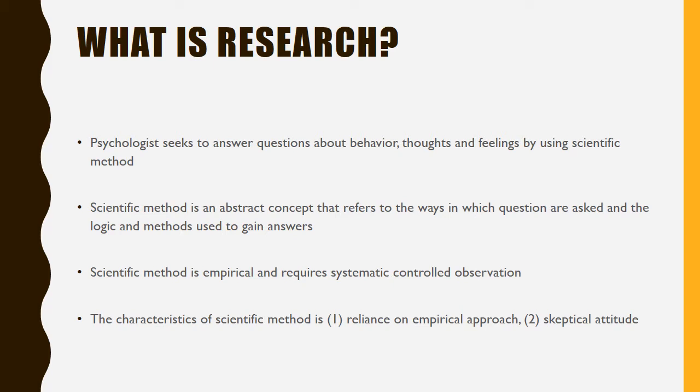What do you mean by scientific method? The scientific method is usually a systematic, transparent procedure in conducting a study. So there is a clear procedure, a standard to follow in order to answer the research question. Usually the scientific method is empirical and it is a very systematic, controlled observation or process.